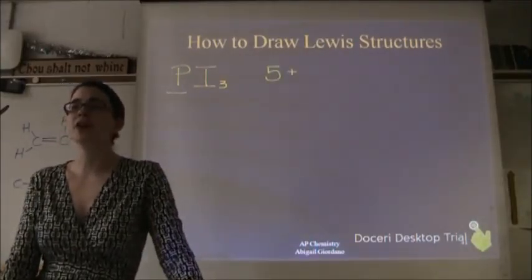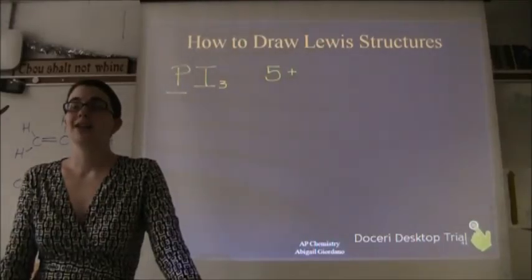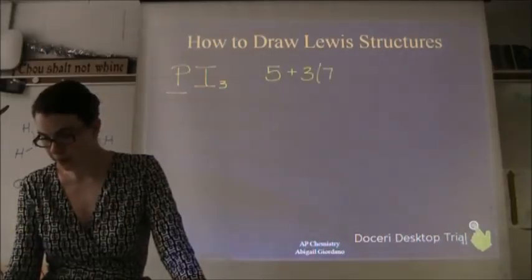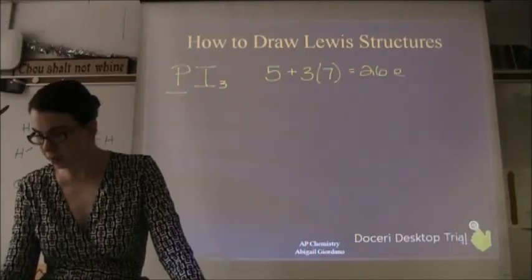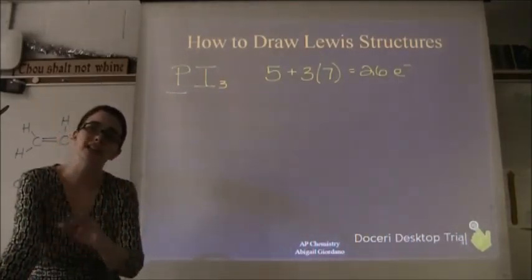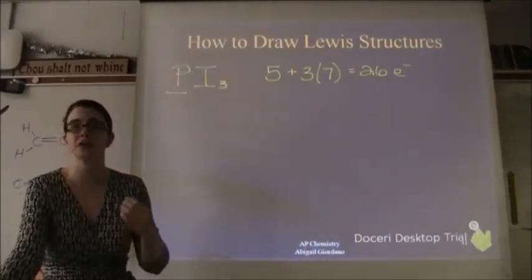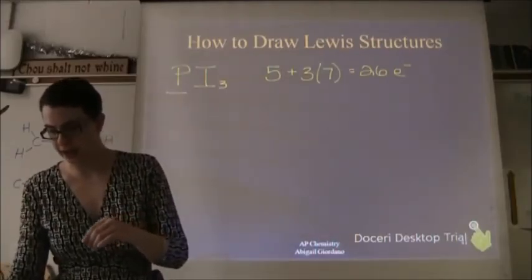How many valence electrons does iodine have? 7, and there are 3 of them, so that's 21 plus 5, that's 26 total electrons. But as I said, guys, I care less about how many electrons there are. I care more about how many pairs. 26 shoes is how many pairs of shoes.